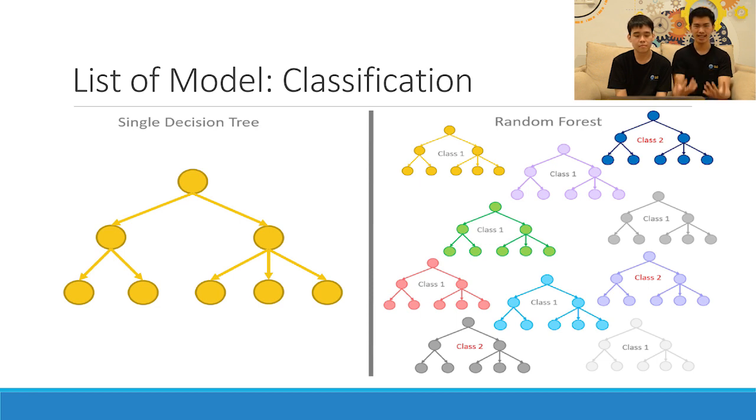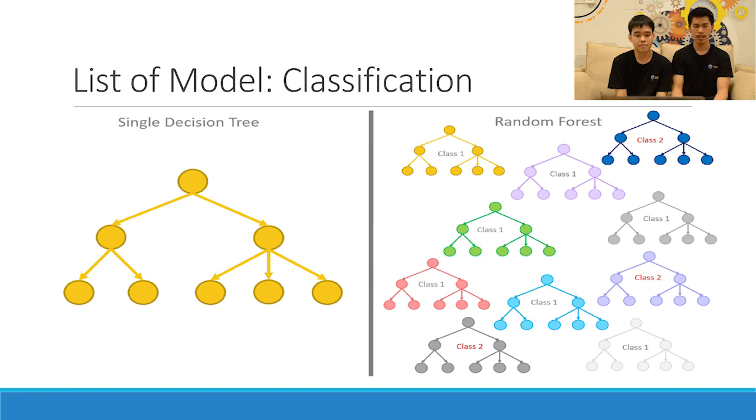We use that bootstrap data to create a decision tree, and we do that based on our number of estimators, or number of trees. So let's say we want to create 5 different trees, then we need to do that 5 times. In our diagram we create 10 different decision trees.